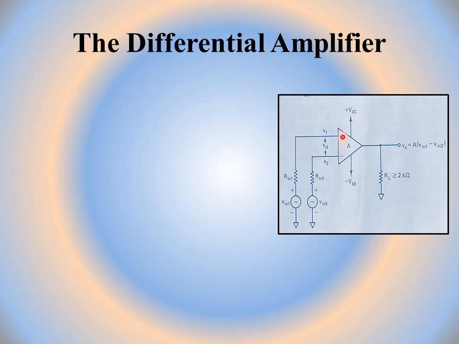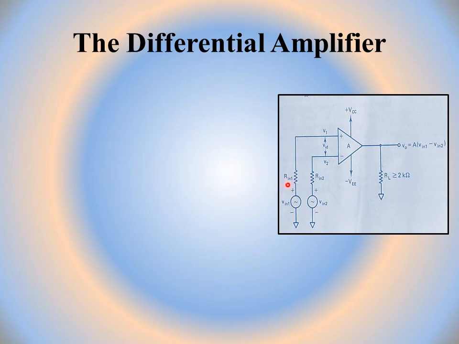Plus and minus signs show the non-inverting input and inverting input, and output is taken from this end. We are applying input signals to both inputs.